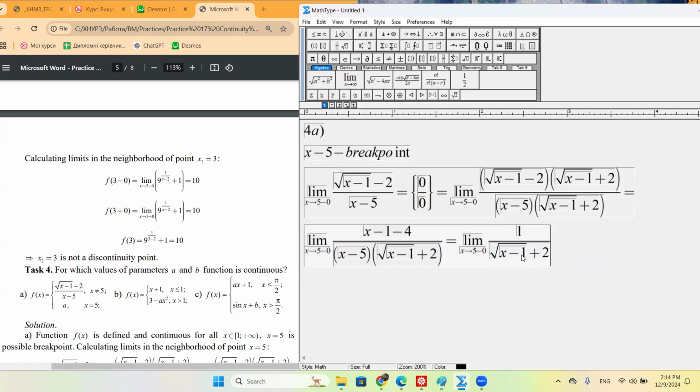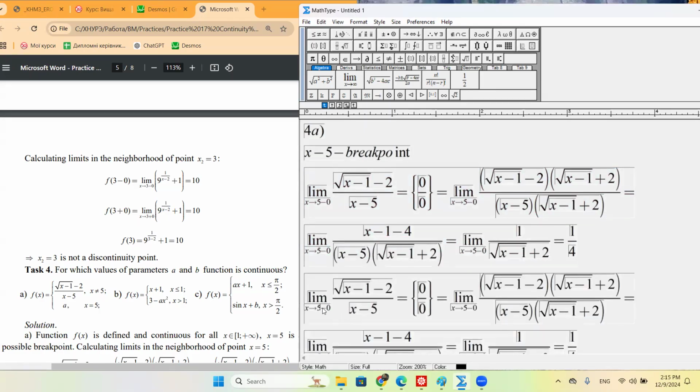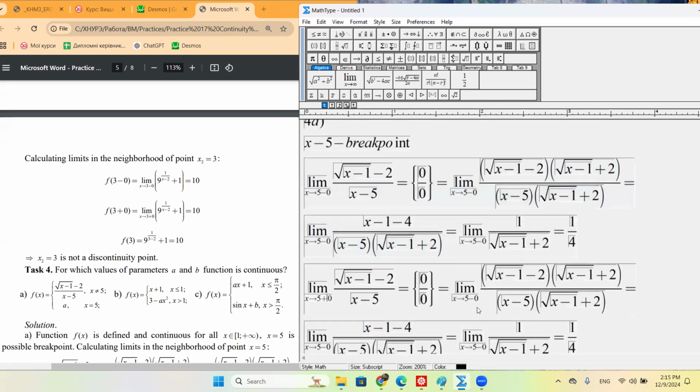And what we have is 1 divided by 4. So that's it for the limit from the left. And also we need to calculate the limit from the right.